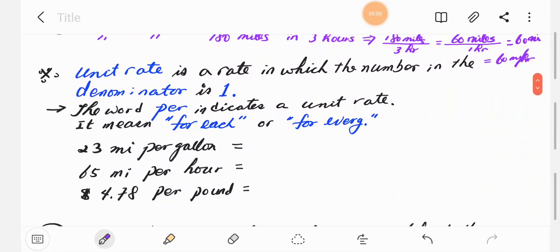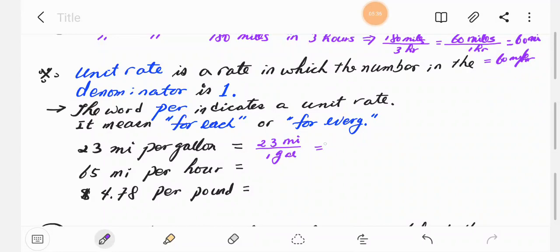So a unit rate can be read as per, and per means for each or for every. So 23 miles per gallon means 23 miles over 1 gallon.